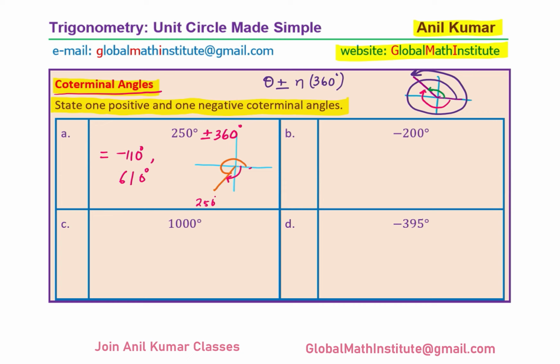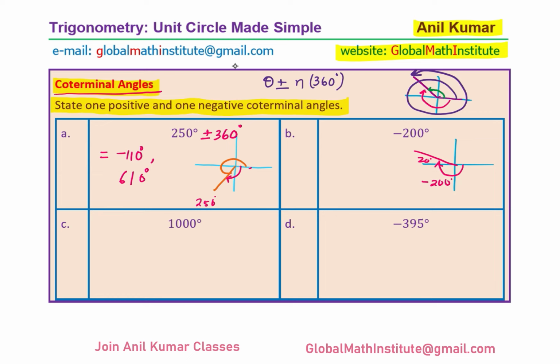Now let's look into the second example, which is minus 200 degrees. So negative 200 degrees means we are slightly more than 180, 20 more, correct? So this is 20 degrees, and the total is 200 degrees, 180 plus 20. And it is minus because we are going in the clockwise direction.